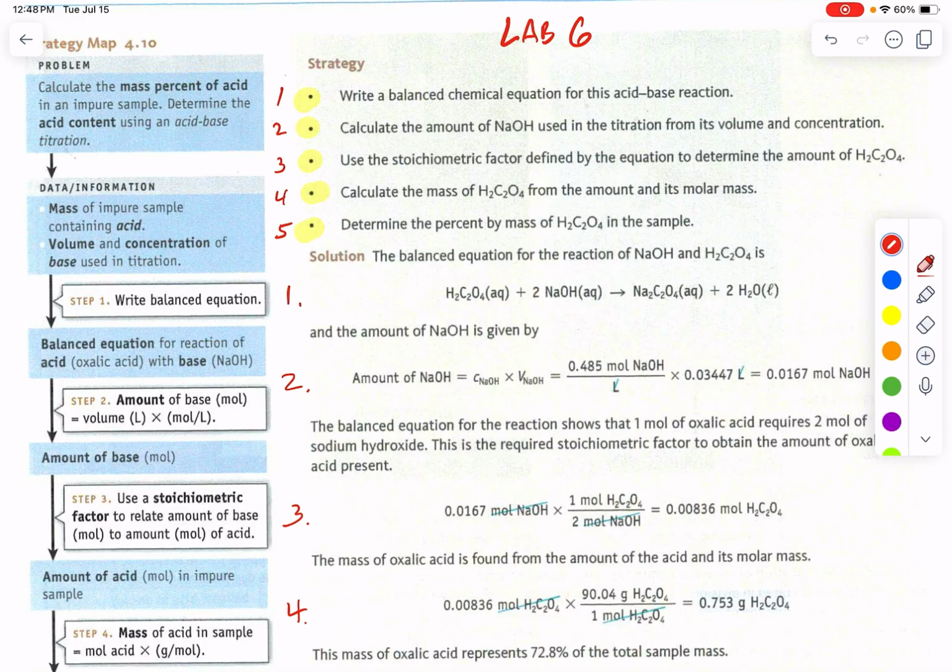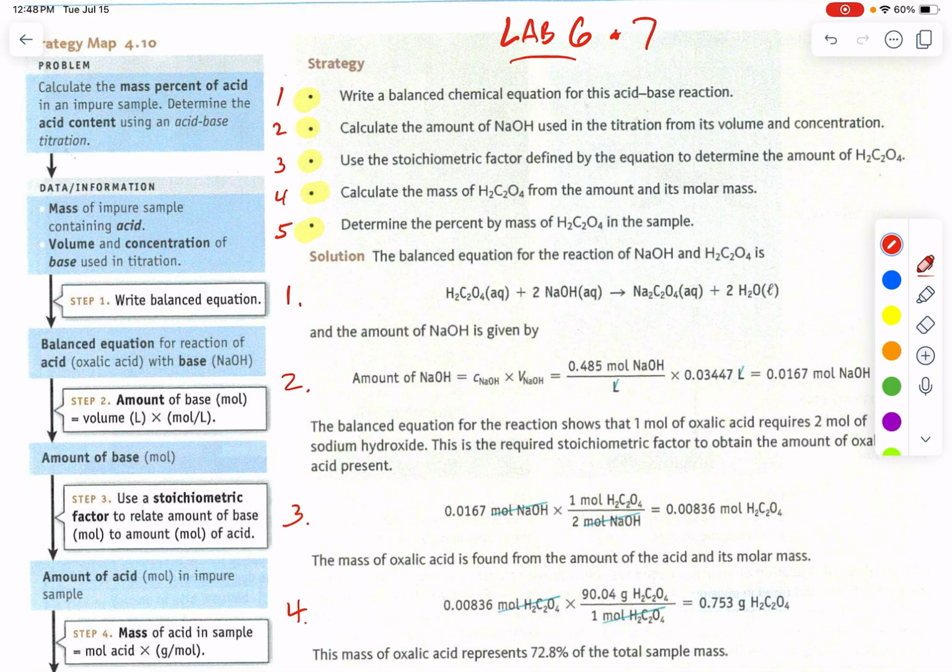And then in Lab 7, you're going to take that standardized sodium hydroxide base, whose molarity you have carefully determined in Lab 6, and use it to determine the molarity of two unknown acids, one of which will be a strong acid, one of which will be a weak acid. And that's in Lab 7. So we will do Labs 6 and 7 back to back and take an entire week to do that.